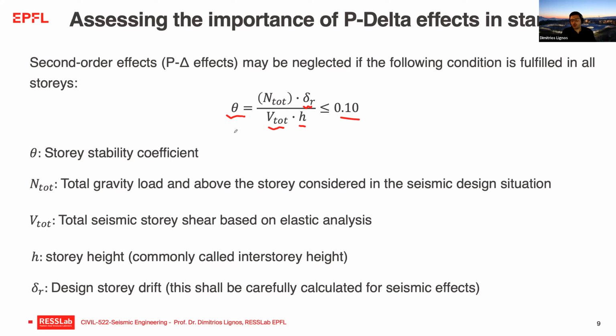However, it's not always like this. You have to be a little careful with this aspect, because if the stability coefficient here is larger than 0.1, then there are a few other cases that you have to consider in your design evaluation.